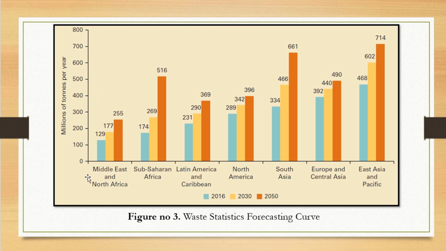For example, for Middle East and North Africa, the waste generated in millions ton per year is 129, and it is forecasted for 2030 as 177, and in 2050 it is 255. The same approach applies to all regions like Latin America and Caribbean, North America, South Asia, Europe and Central Asia, East Asia and Pacific.